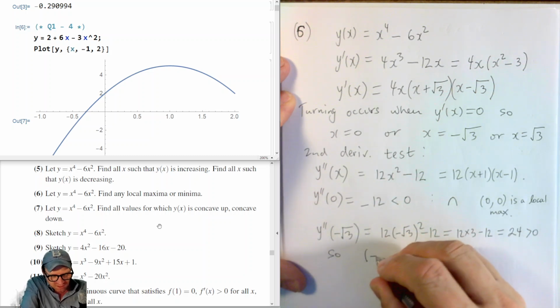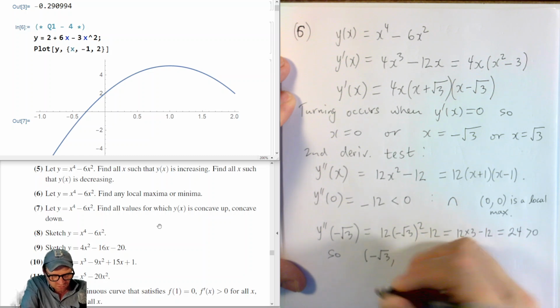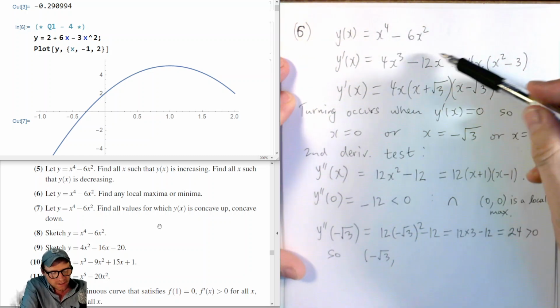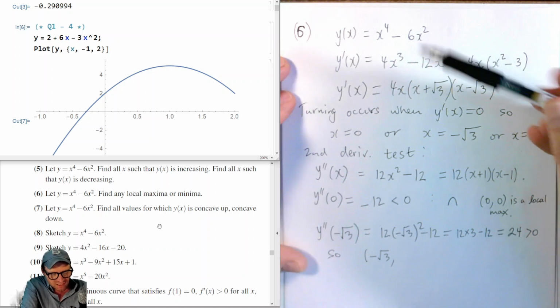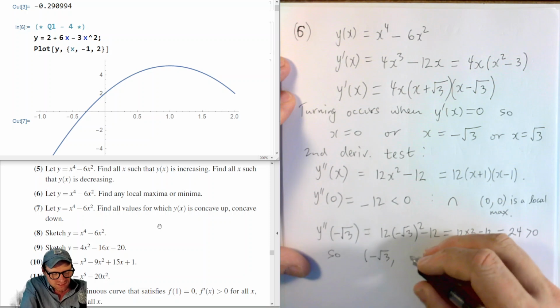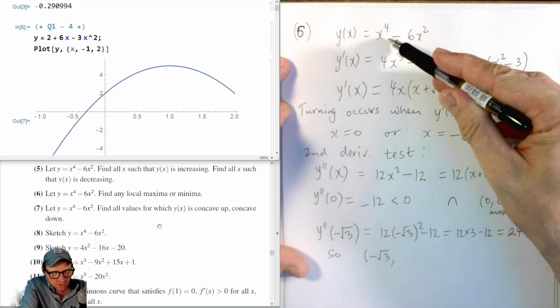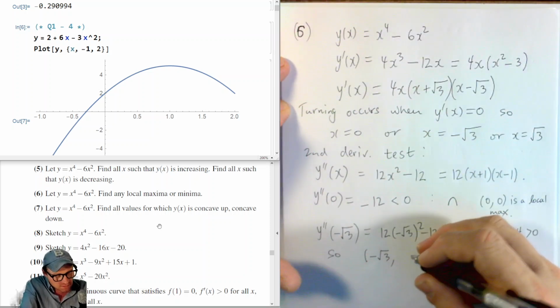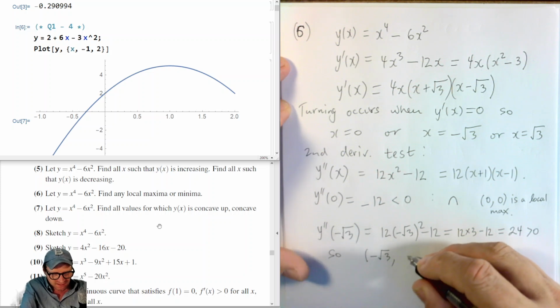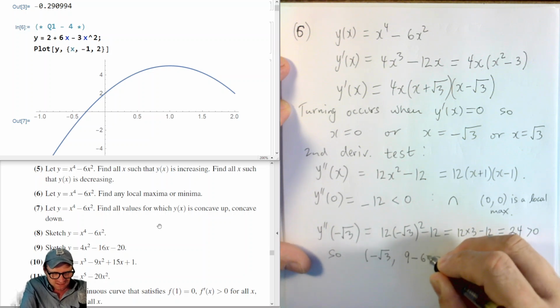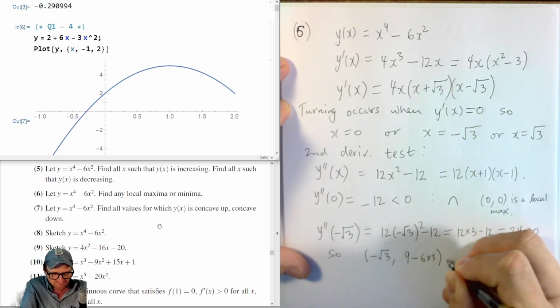And so let's find a corresponding point. Minus root 3. What is the y value? Well, if I square minus root 3, I get 3. And so now the fourth power is the squared squared. And so we have 3 squared is 9. So 9 minus 6 times 3.